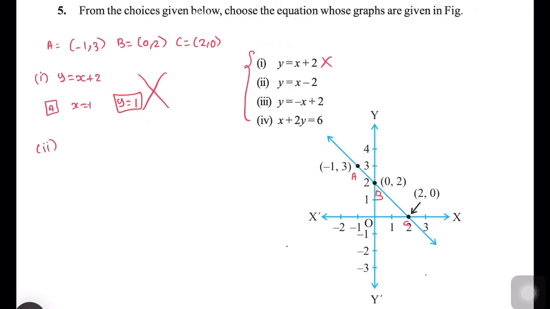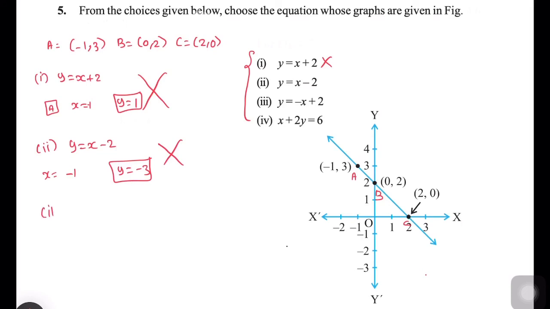Y is equal to x minus 2. Just substitute the first point. If x is equal to minus 1, we get y is equal to minus 3. So it does not satisfy the given conditions. So this is also not correct.